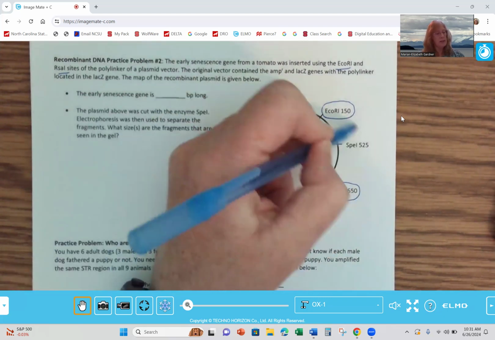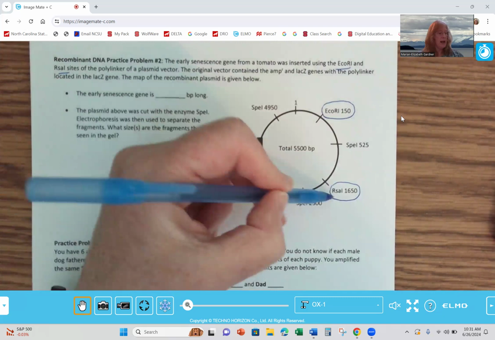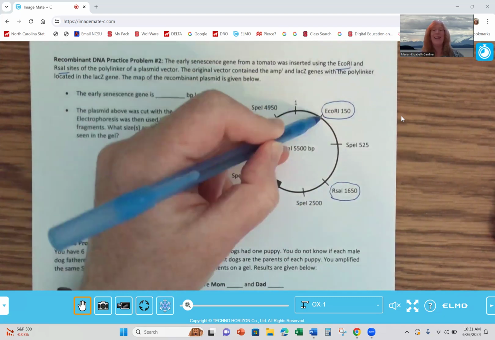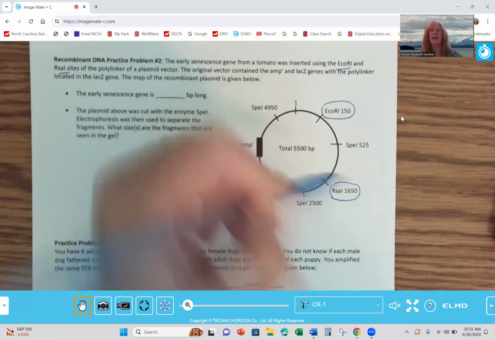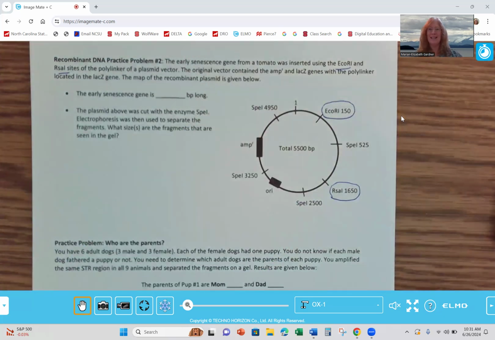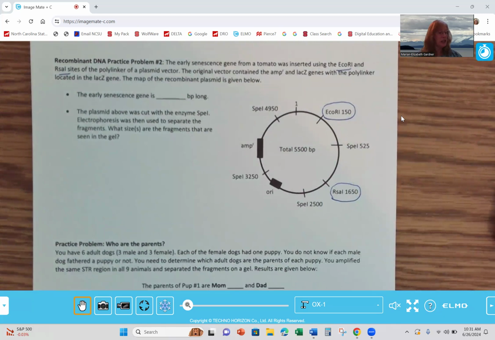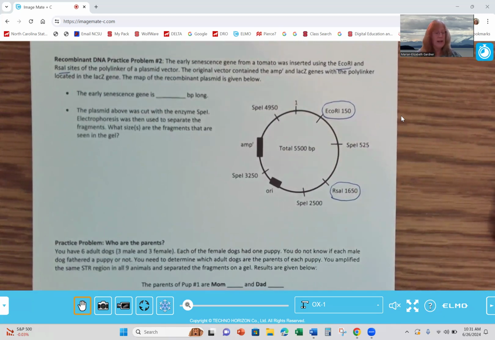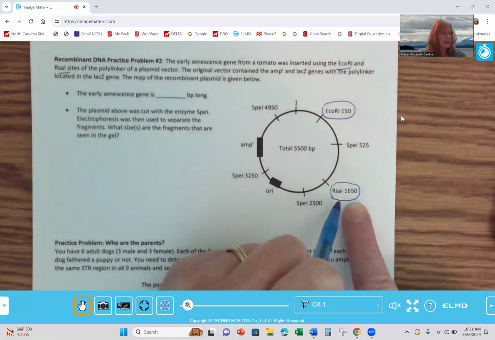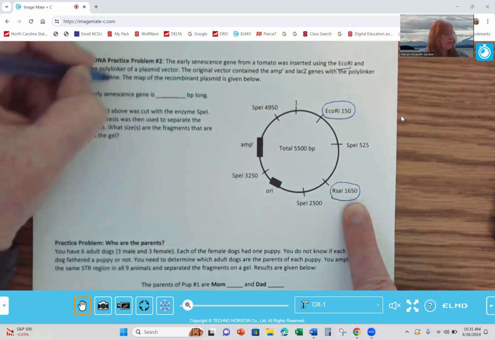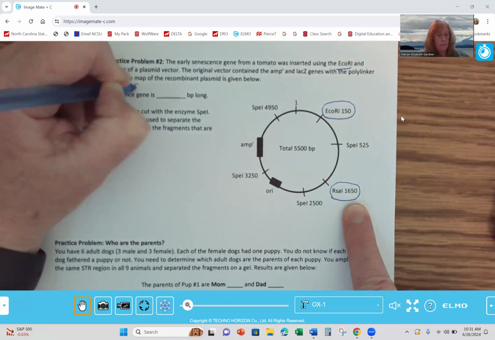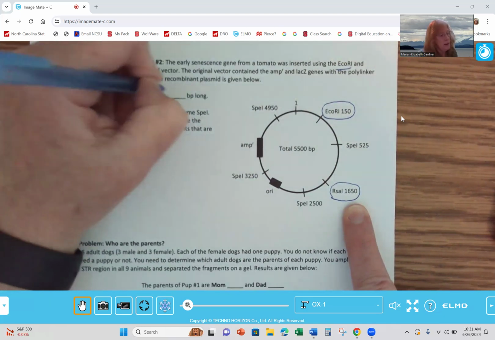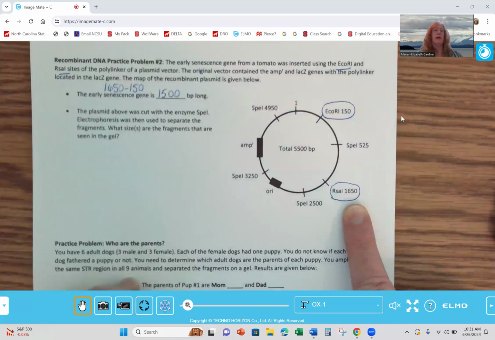So this is going to be the senescence gene, and the part going around this way is the vector, and there'll be a piece of LAC-Z up here and a piece of LAC-Z down there. That LAC-Z doesn't work anymore because we stuck a gene in there. So to find out the length of this gene, we take 1650 minus 150. And that's 1500 base pairs.